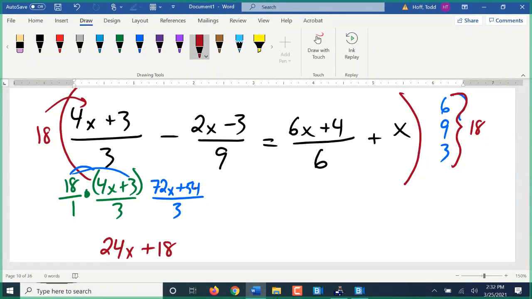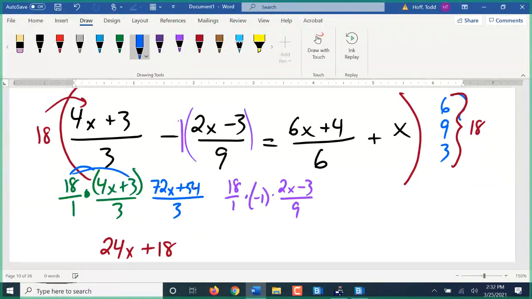18 times our (negative 2x minus 3) over 9 is a little bit trickier because of this minus in front. Remember, we treat that as a negative 1 times whatever comes after it. So I'm going to put that as 18 over 1 times negative 1 times (2x minus 3) over 9. Now recall, we're going to put this 2x minus 3 in parentheses. That negative 1 I'm going to put over 1 as well.